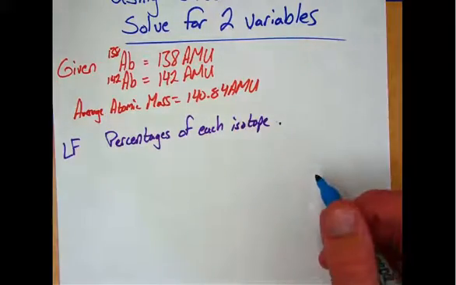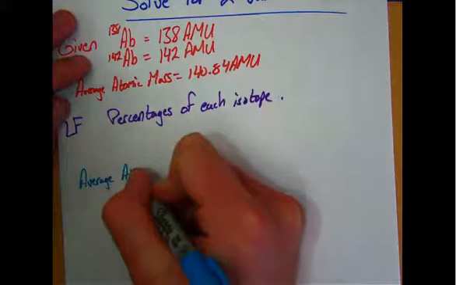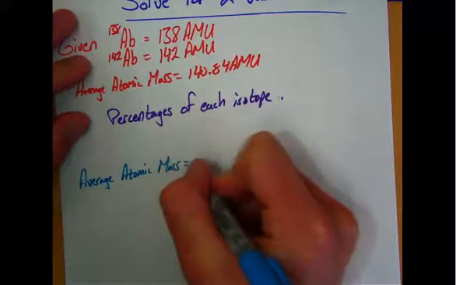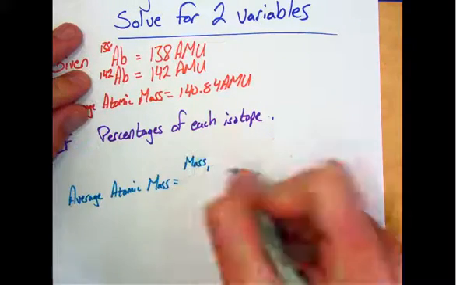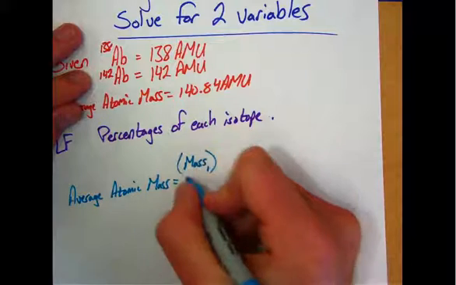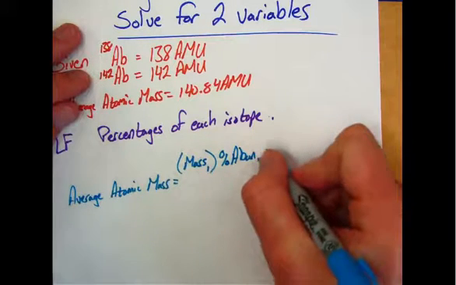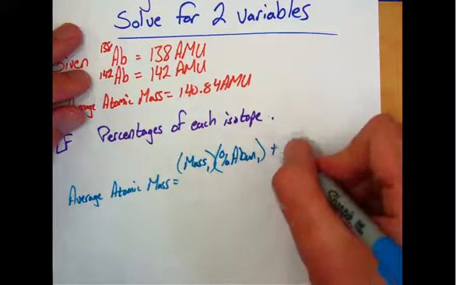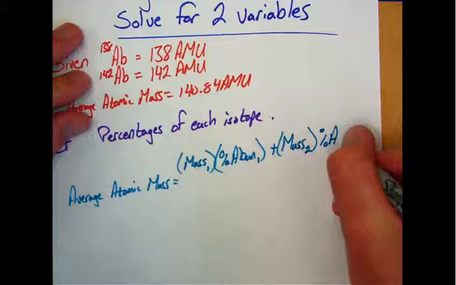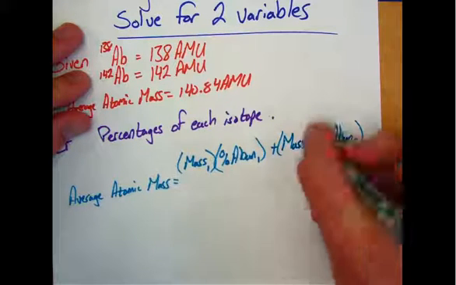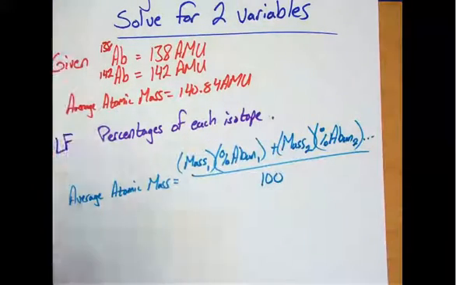So we know that our equation for average atomic mass equals the mass of isotope 1 multiplied by the percent abundance of isotope 1, plus the mass of isotope 2 times the percent abundance of isotope 2, etc. Now if we're going to leave these in percent form, we're going to divide these by 100 at the end.